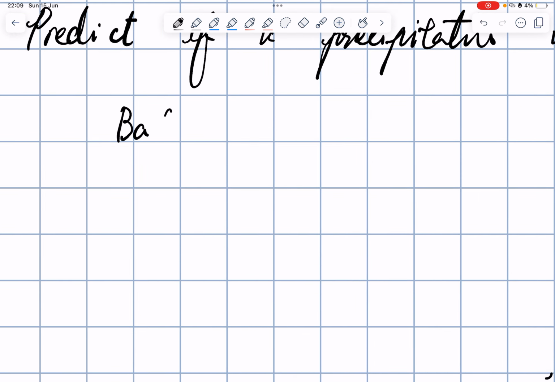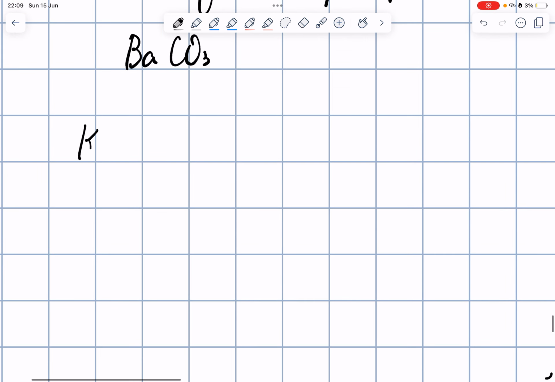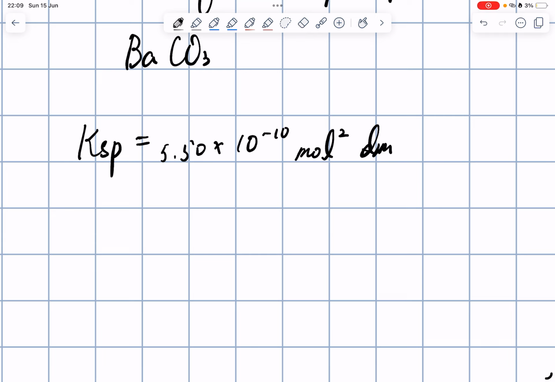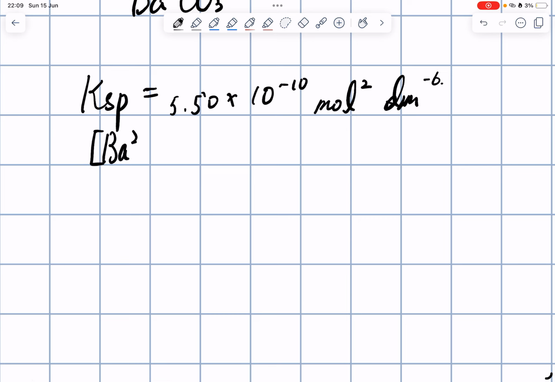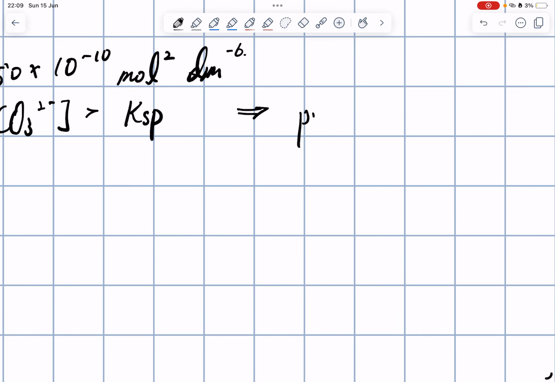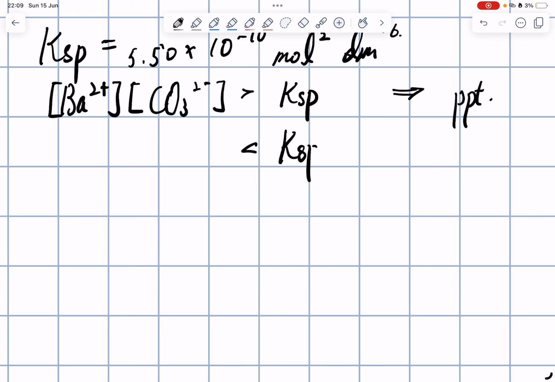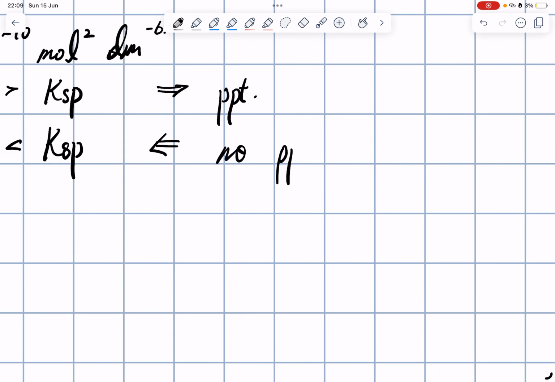For barium carbonate, Ksp is 5.50 times 10 to the power of minus 10 mol squared per decimeter cubed squared, which means we just multiply the two concentrations, like the Ksp formula gives. If it's larger than Ksp, then a precipitation will form. And if it's smaller than Ksp, it's in the safe region, so no PPT. That's easy.